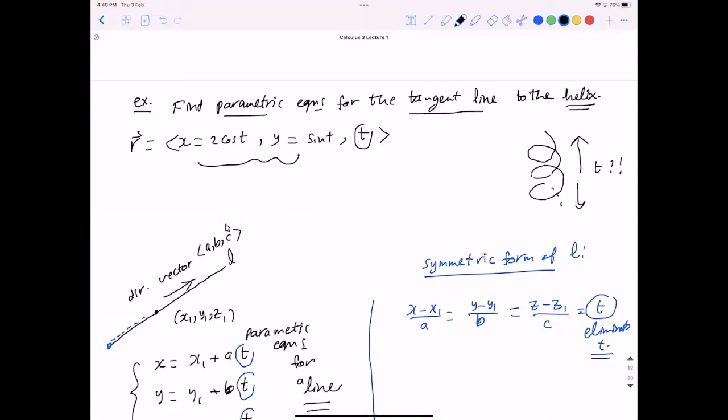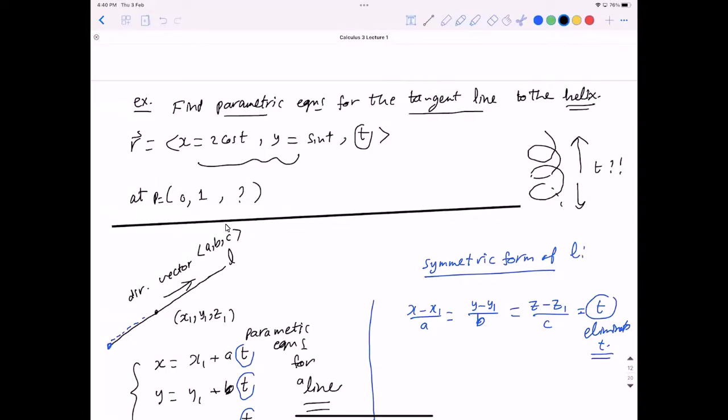So what? Find the parametric equations at the point, he didn't give you t, but asks you to find it. At the point 0, 1, so the x is 0, the y is 1, and asks you about the z. Show the direction of motion as well.